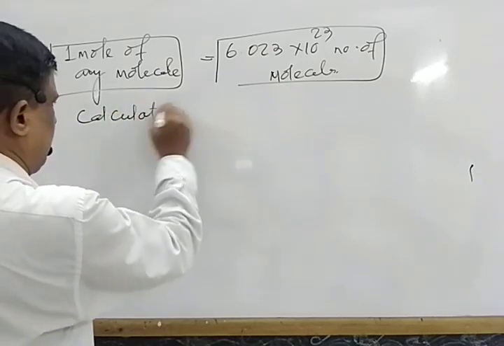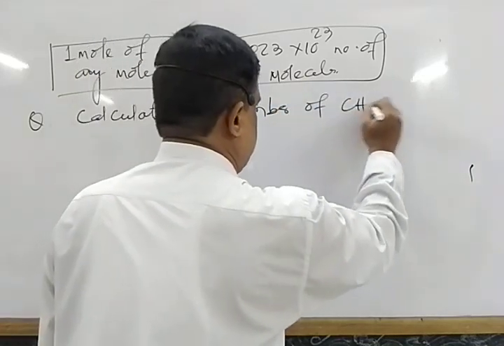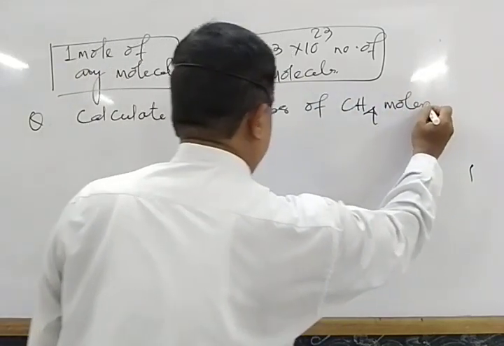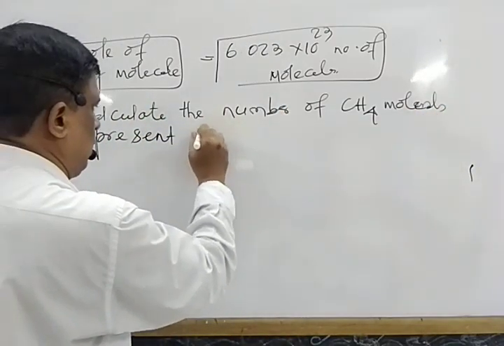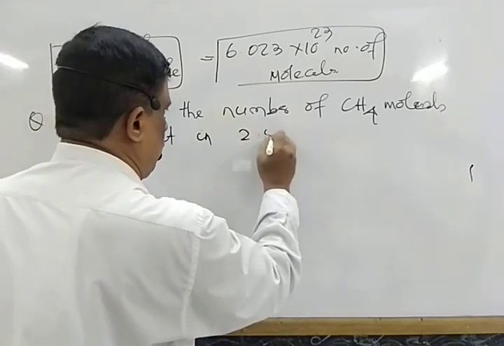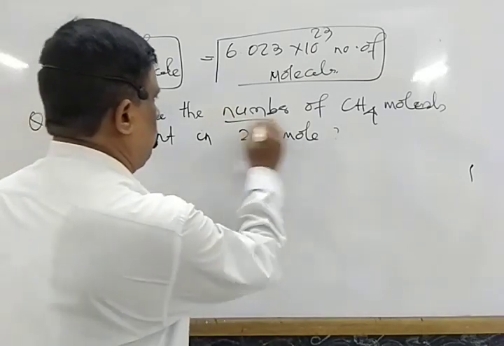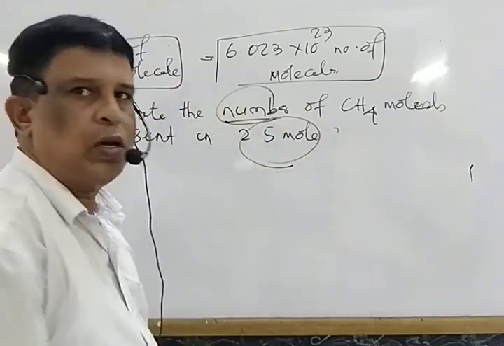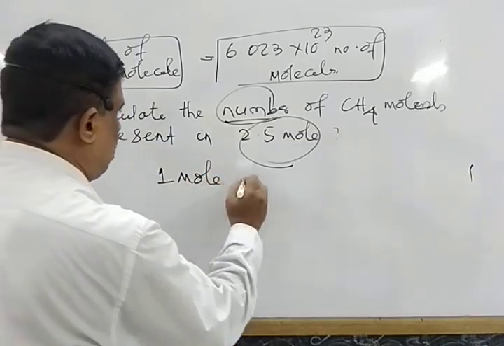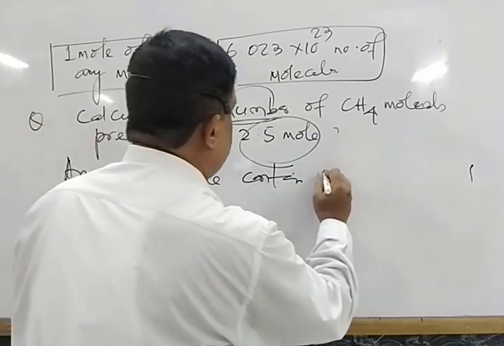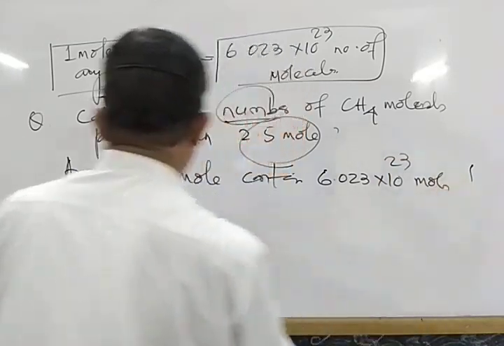Calculate the number of CH4 molecules present in 2.5 mole. Mark the question. Number with mole. We know that 1 mole contains 6.023 × 10^23 molecules.